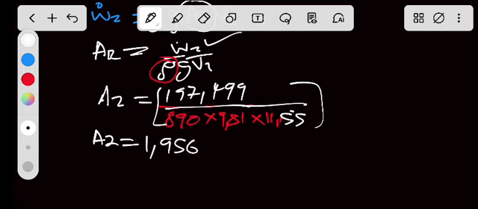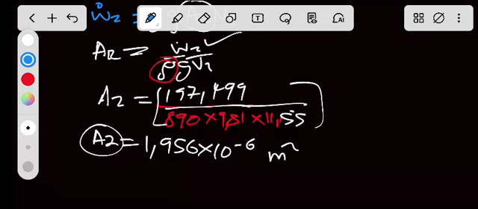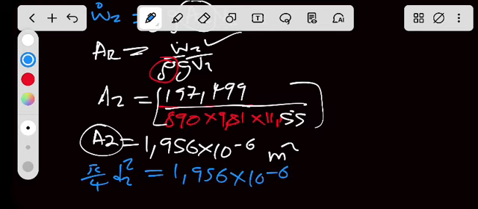1,956 times 10 to the power of minus 6, obviously. But we know that this area is equal to pi over 4 d squared, obviously this is d2. So 1,956 times 10 to the power of minus 6.